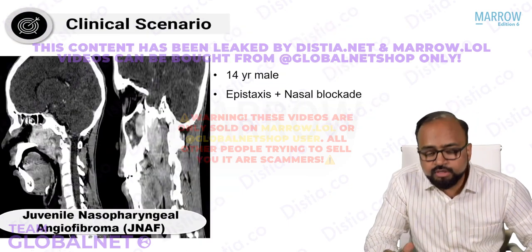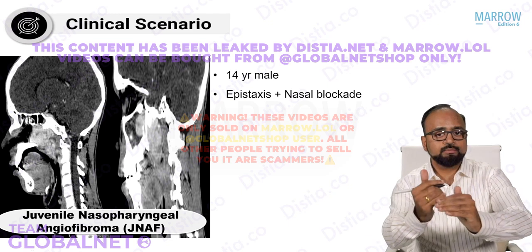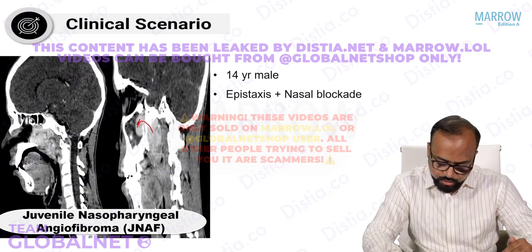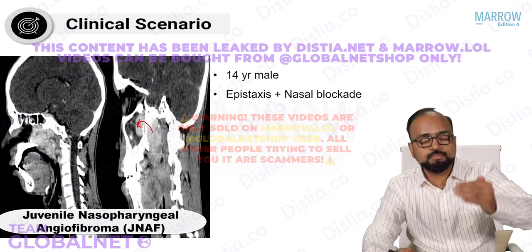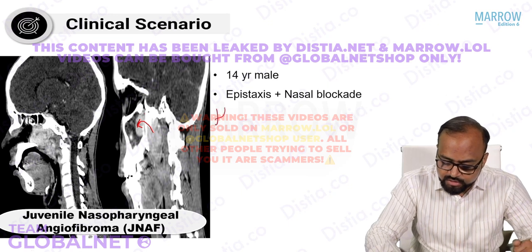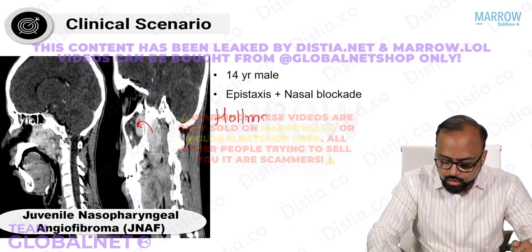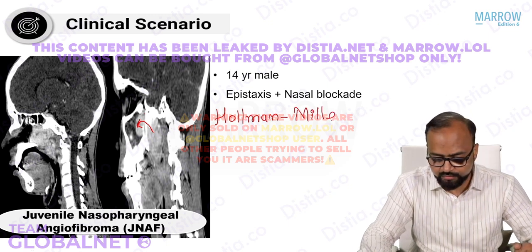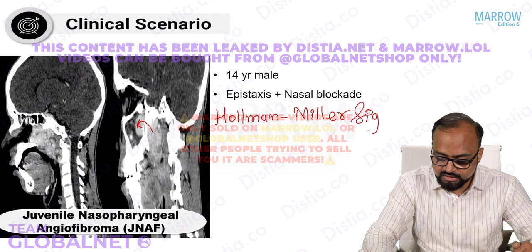Now when this tumor extends into the infratemporal fossa, here in this image the tumor is actually extending into the sinus, but sometimes it can push the posterior wall of the maxillary sinus anteriorly. This is given a name. This is what is called the Holman-Miller sign seen in juvenile nasopharyngeal angiofibroma. Holman-Miller sign is what?